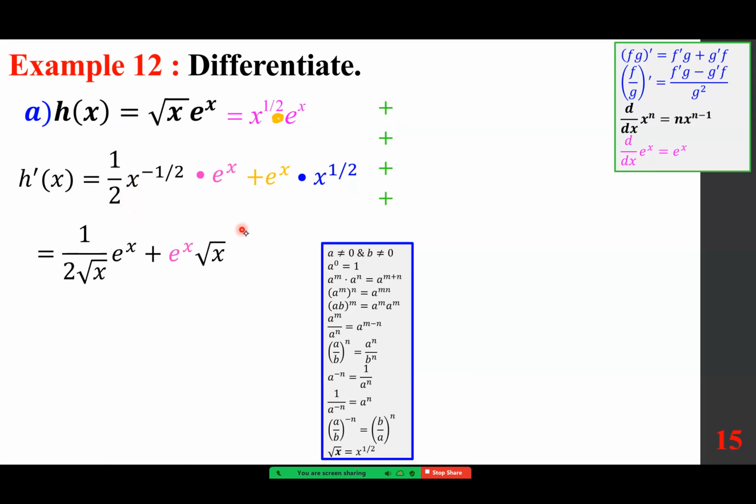So again, this is the only calculus step. We're going to have a couple of algebraic steps. You can write a big fraction bar and take a common denominator, or just notice that the common denominator is this one, so multiply this one by 2 square root of x over 2 square root of x. Please understand that this expression equals 1.